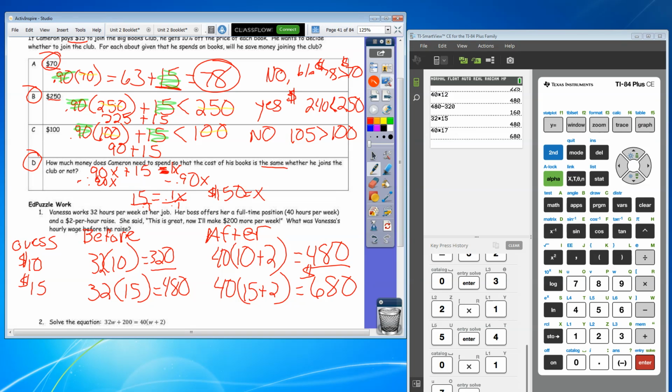Well, the question is, is 680 $200 more than 480? Yes, it is. So we just guessed correctly.